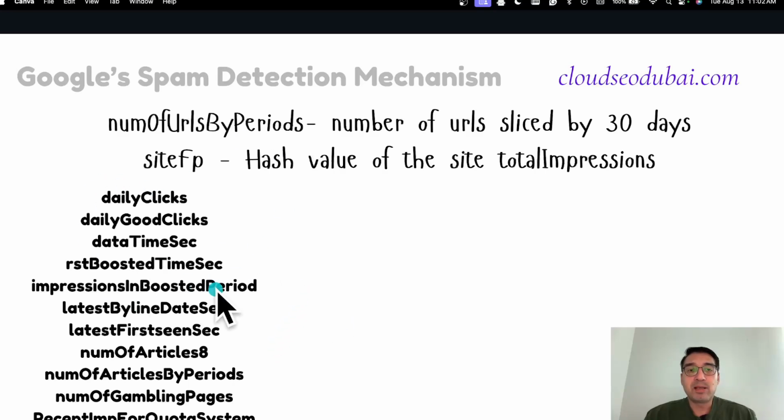So what all of this means is that it's looking at how many pages you've published in the past 30 days, how many of those pages are receiving high quality clicks, how many of those clicks are staying for the longest period on your page, and whether or not those pages are spammy.